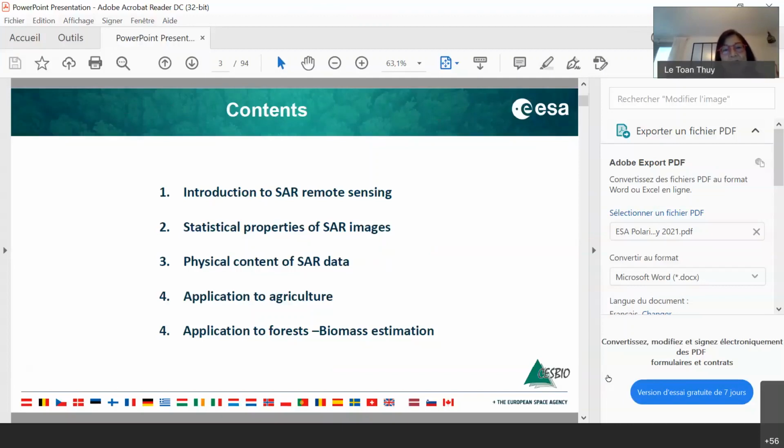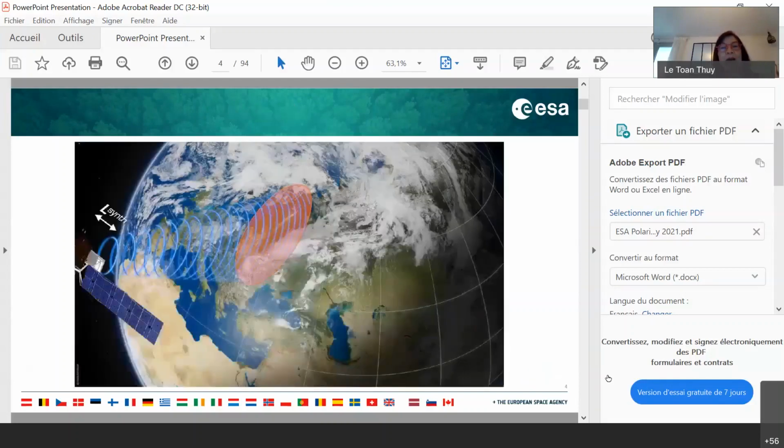So I separated the images and the information of the data, the SAR information. And then some application to agriculture and to forest with biomass estimation to repeat or complete Glimmer's excellent presentation.